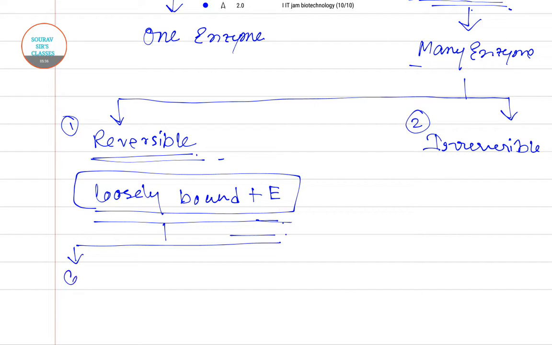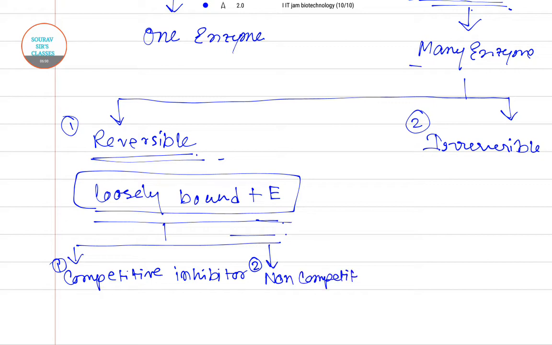First is competitive inhibitor. Second one is non-competitive, and the third one is uncompetitive.